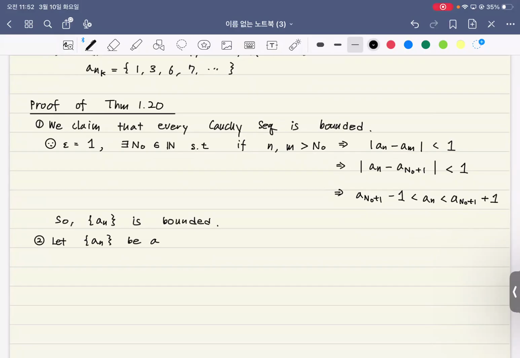Suppose that a_n is a Cauchy sequence. Then there is an infinite monotone subsequence, which I will call a_{n_k}.